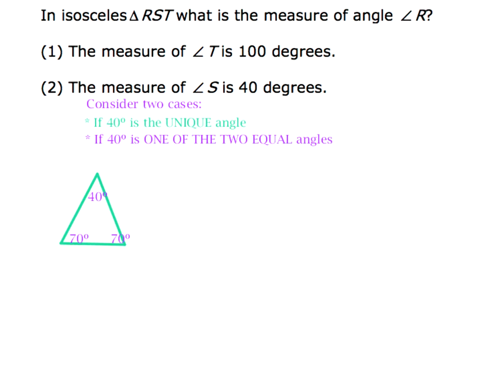But then it could also be the case that 40 is one of the two equal angles, in which case you're just going to have the triangle that we already drew on the previous page, which is this triangle right here.